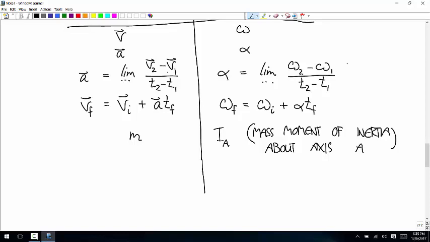And then we had the force vector for particles, and we have something equivalent to the force vector here. I'm going to call it capital M sub A, and that's the moment or torque. Those are synonyms.